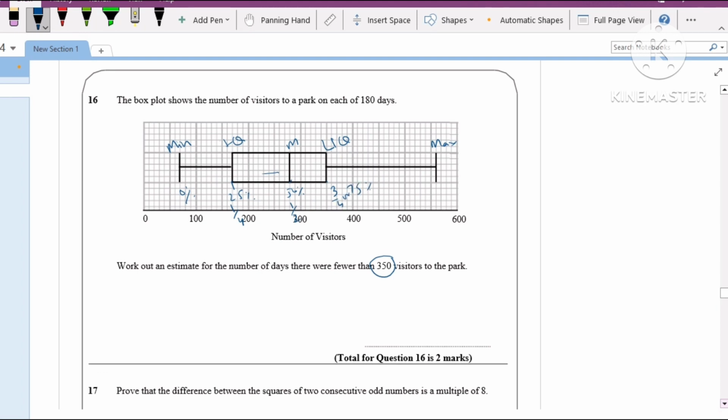He is looking for the estimate of the number of days there were fewer than 350. So we can see that there is 350. It means he is looking for the value here. How many terms are these? I'm saying that these are three-fourths. It means 75% or 3/4.